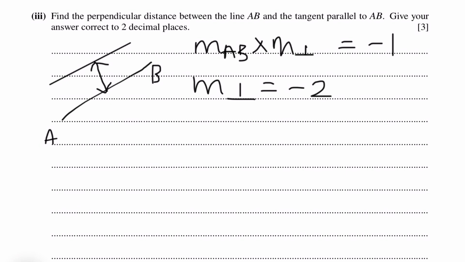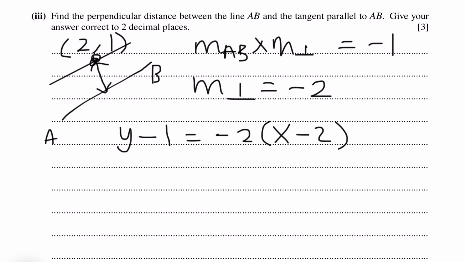So in order to find the equation of the perpendicular line, we can just use the point here, which is (2, 1). So if (2, 1) is used, your equation will be y minus 1 is equal to -2(x minus 2). So y is equal to -2x plus 5.